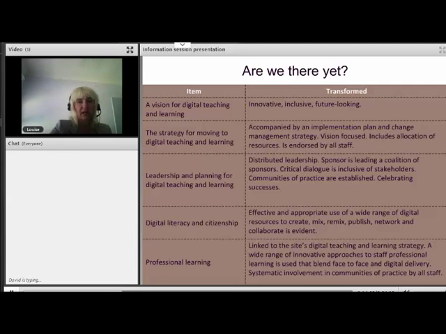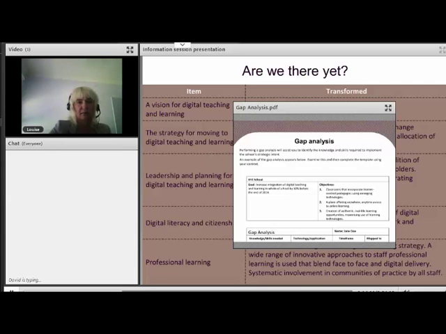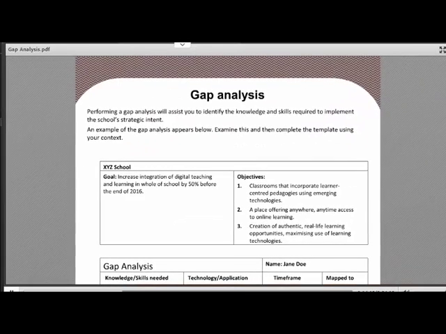If I just bring that gap analysis template back, this is just an example in one of the courses in the mentoring course, which is course 4A. We provide one-on-one mentoring to teachers, and before they enter that, they do a little gap analysis of their skills.